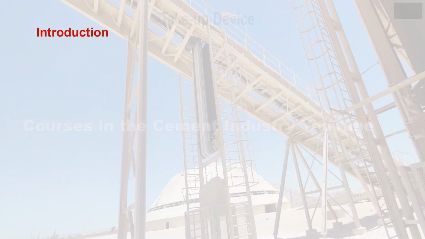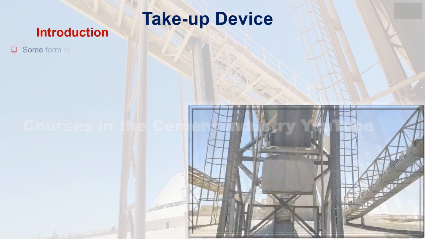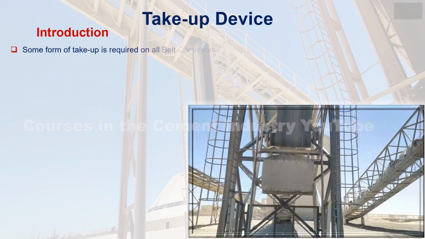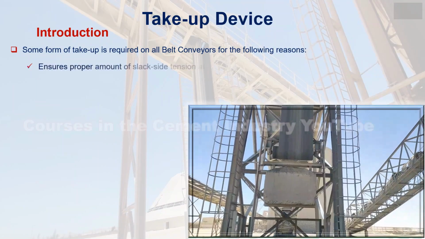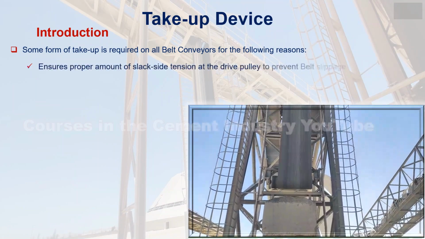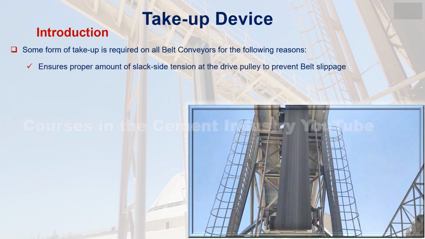Introduction about take-up device. Some form of take-up is required on all belt conveyors, for the following reasons. 1. Ensures proper amount of slack side tension at the drive pulley to prevent belt slippage. 2.